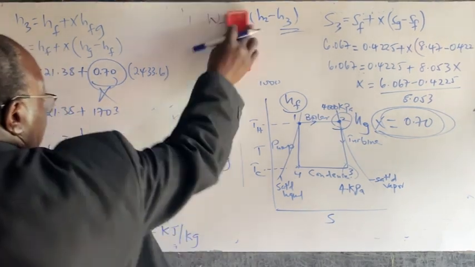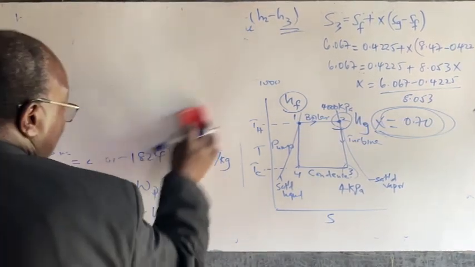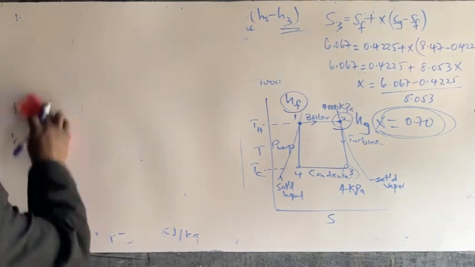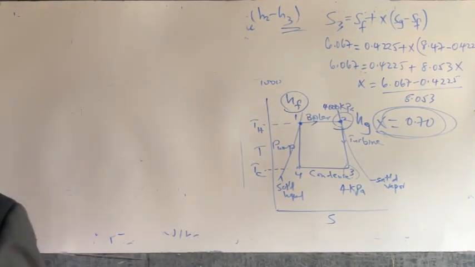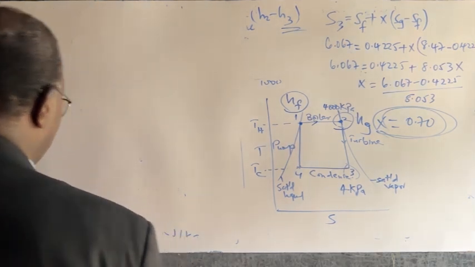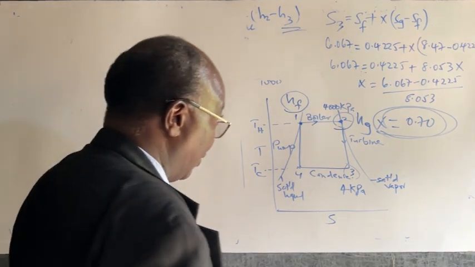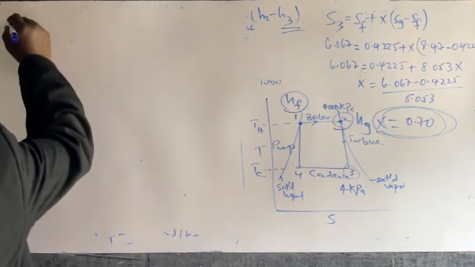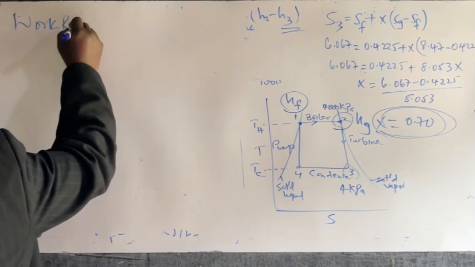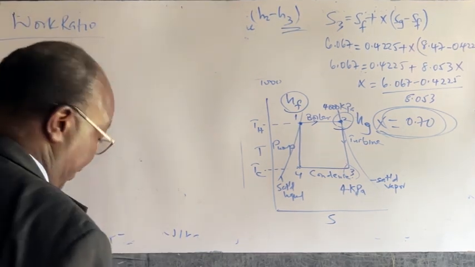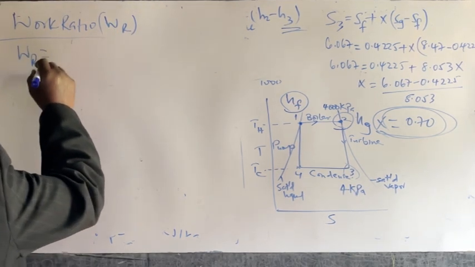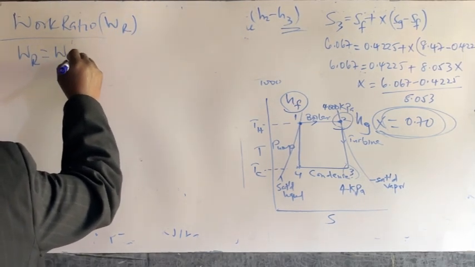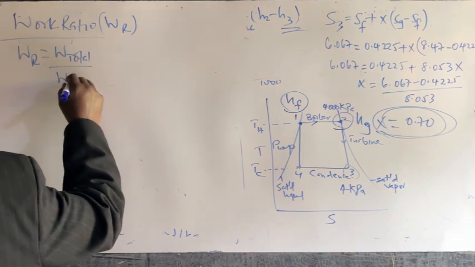Let us now look at the next calculation, which is specific steam consumption. But before we do that, we just remember that the work ratio, which is a very important quantity, denoted as WR, is equal to W total over W of turbine.